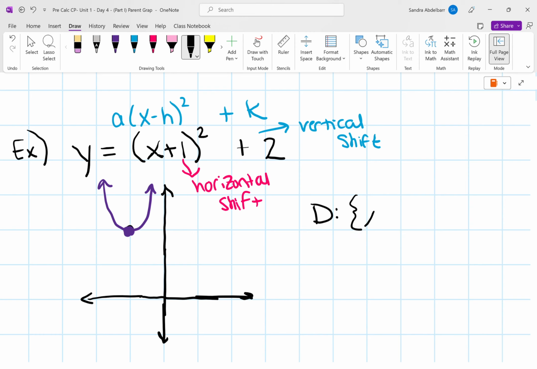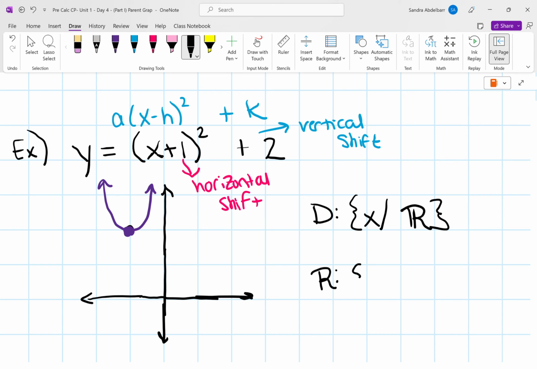All right, I want you to tell me what is the domain of our translated parabola, looking at our graph? Sarah, right? Sophie, okay. x equals all real numbers.